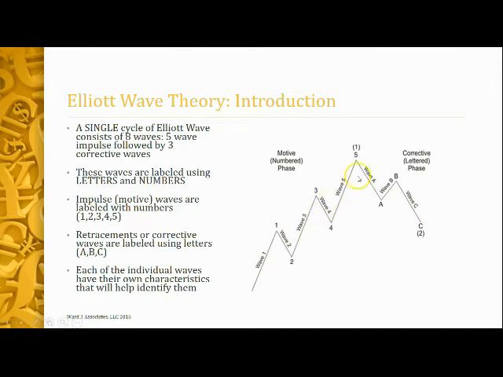So this is a trend, and this is a retracement or a correction to that market. Now, this whole picture is a complete cycle. Each wave has certain characteristics that help you identify what wave it is, okay?